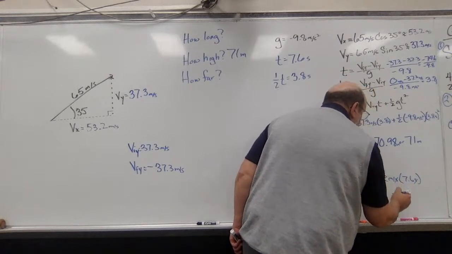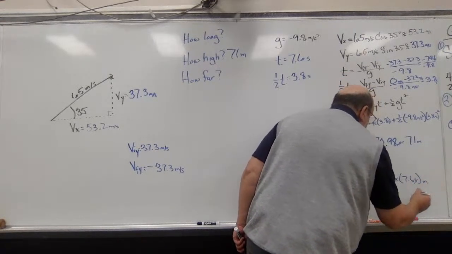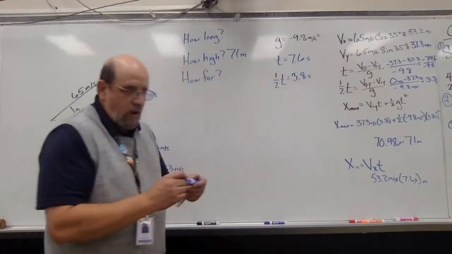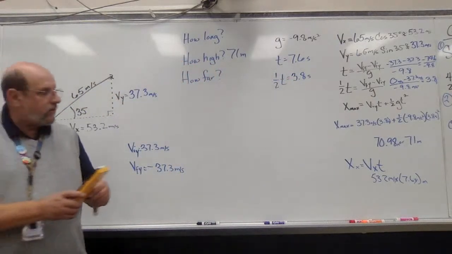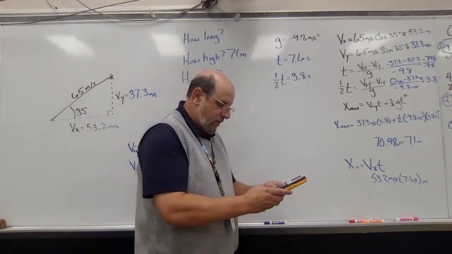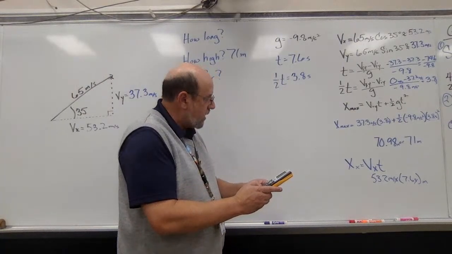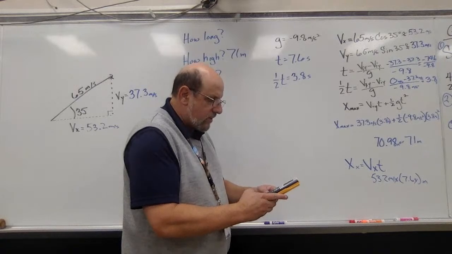And seconds will cancel with seconds. We'll get meters out of here. Let me run over here, quickly turn on this calculator and do 53 2/10 times 7 6/10.